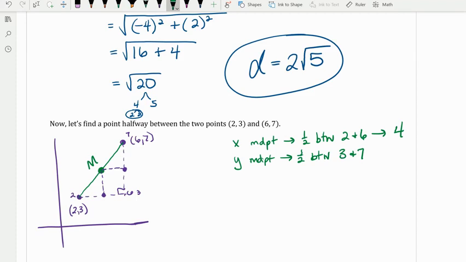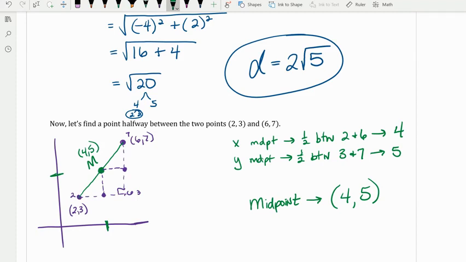Well, in the middle of 3 and 7, that would be 5. So the midpoint between our 2 points would be at 4 for the x value and 5 for the y value. So this point here is at 4, 5, which is probably about right. Halfway between our x values, halfway between our y values.